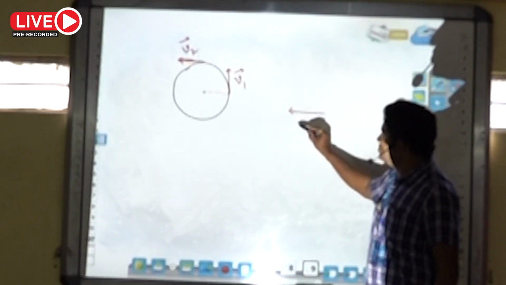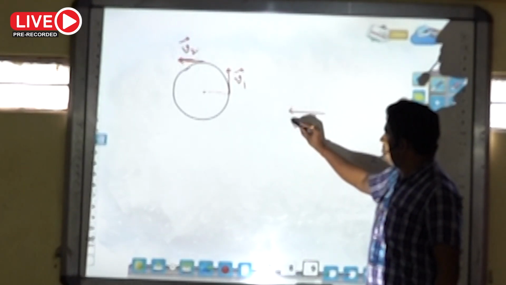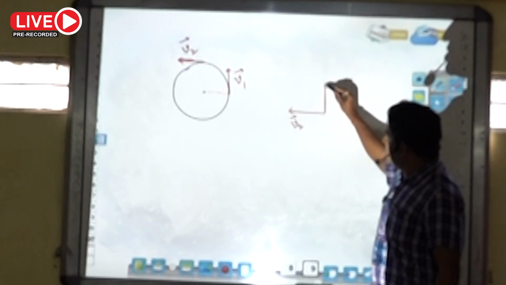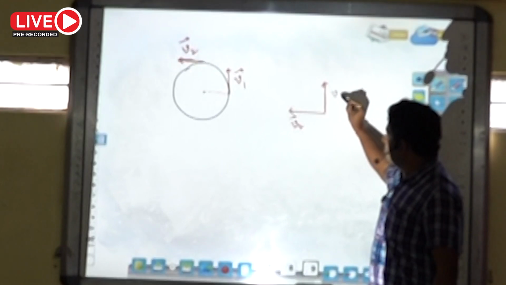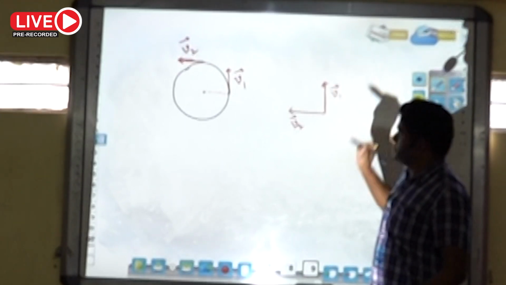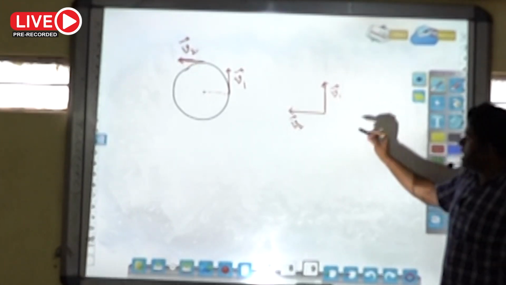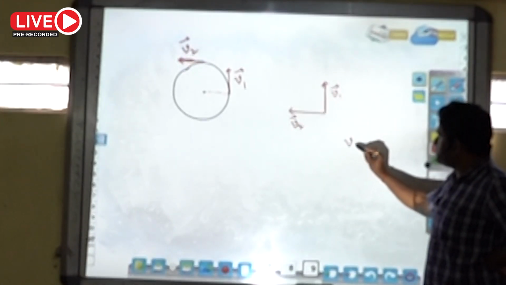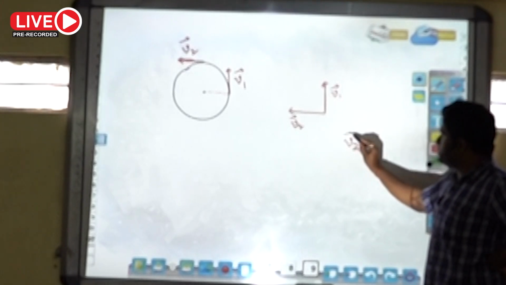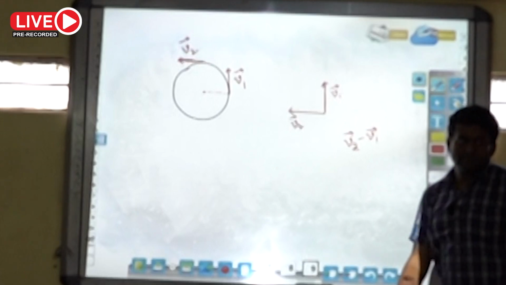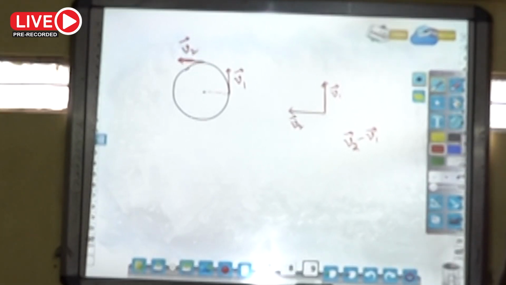This is v2. This is v1. Now what I want to find? I want to find first the change in velocity, that is v2 minus v1.